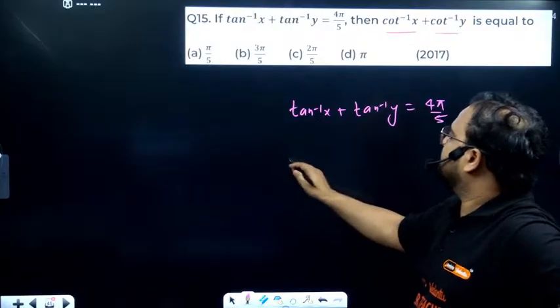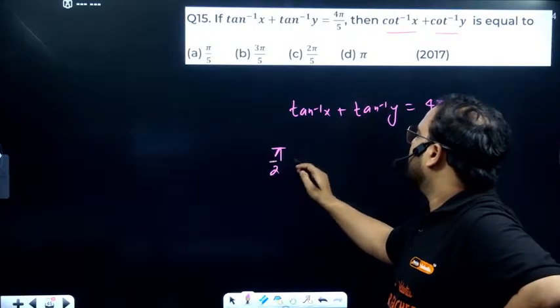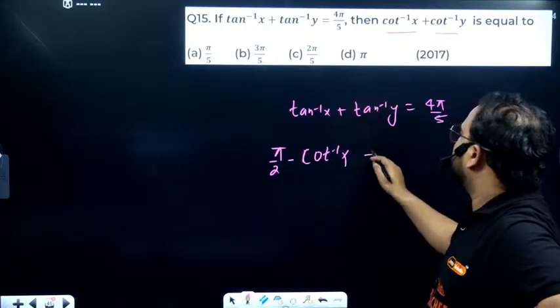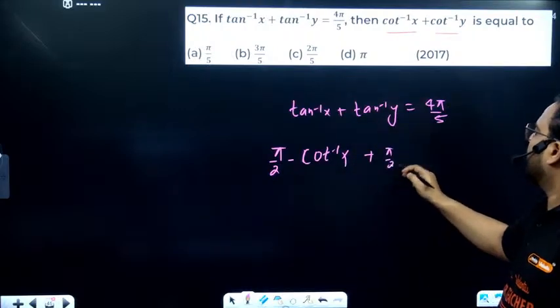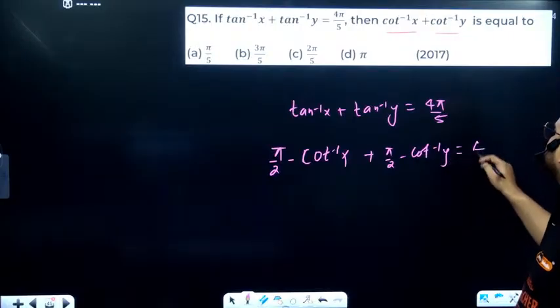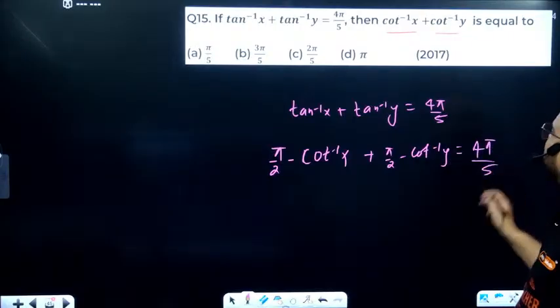Tan inverse of x is nothing but pi by 2 minus cot inverse of x. Same way, tan inverse of y will be pi by 2 minus cot inverse of y, equals 4 pi by 5.